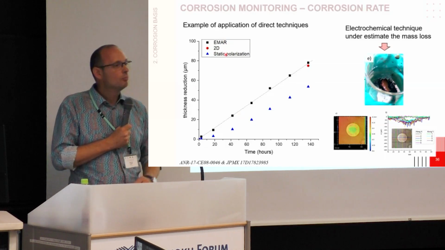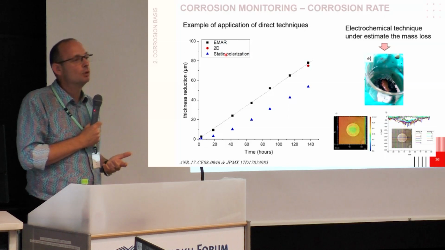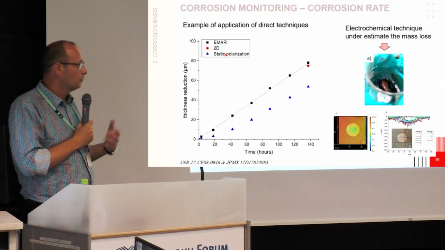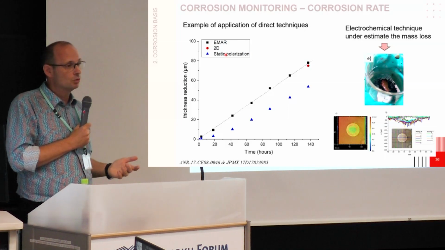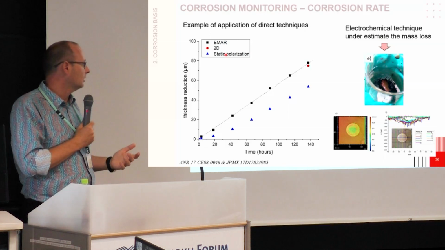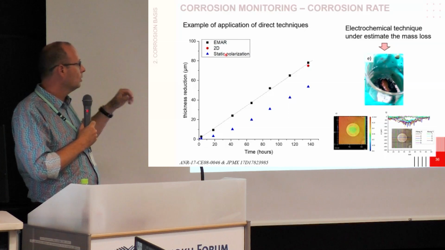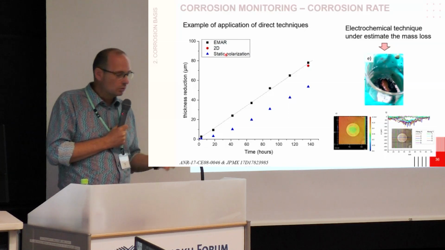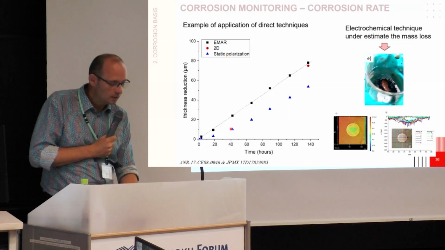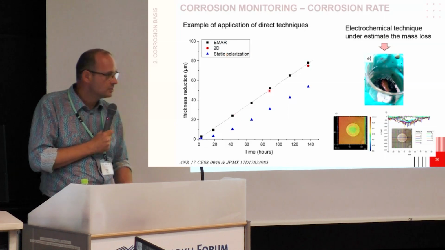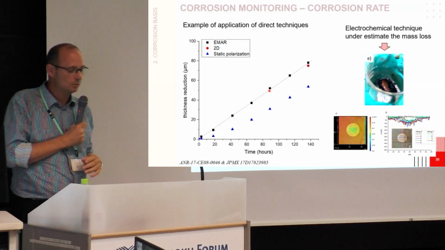And because we wanted to increase the corrosion rate, we used electrochemical measurement. In these techniques, we force the dissolution of the material. If we force the dissolution, we know the electrons given to the material, so we can estimate the rate of corrosion. This is in blue. You can see that along the experiment, we always saw a difference between the non-destructive technique and the electrochemical measurement.